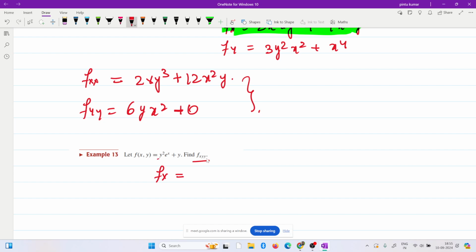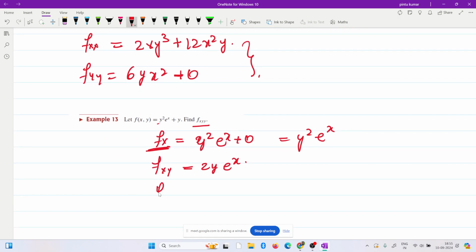Now we'll treat y as constant, so it would be y square e to the power x plus 0. That is y square e to the power x, right? Now f of x y would be the derivative of this with respect to y. This is 2y e to the power x, right? So f of x y is 2 e to the power x.